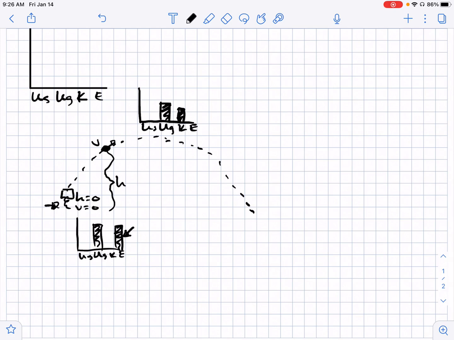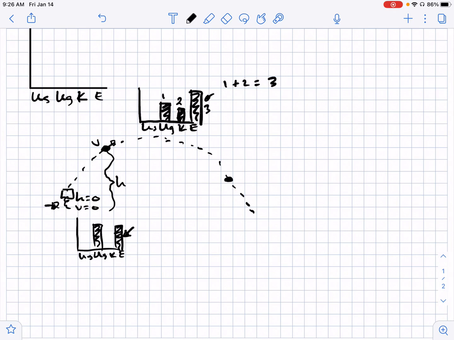So this bar would be the same as it was before. And in looking at your bar charts, this one and this one should equal this one. Okay, so 1 plus 2 should be the same as this third one here, because the total energy should be the same.